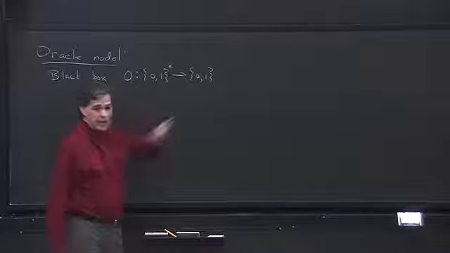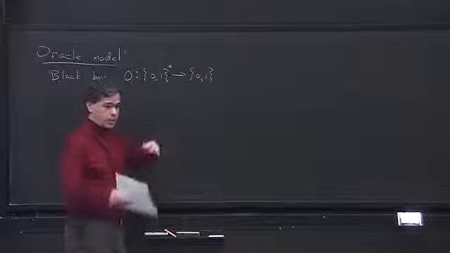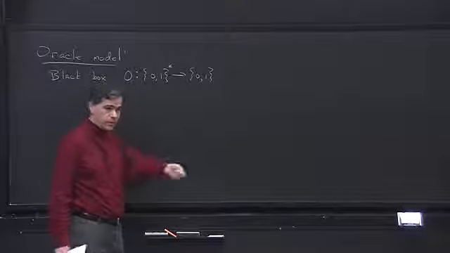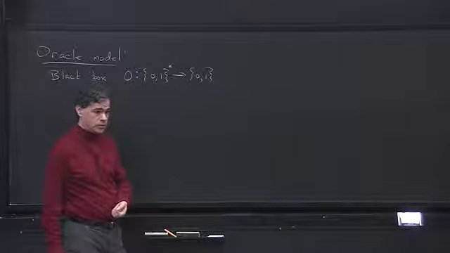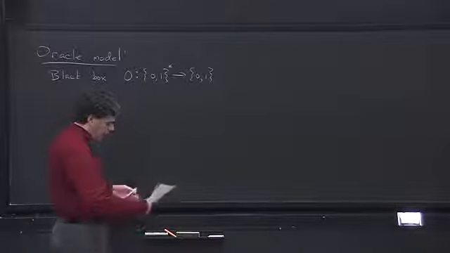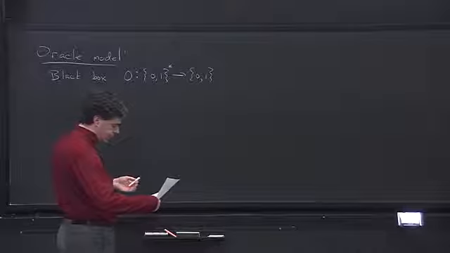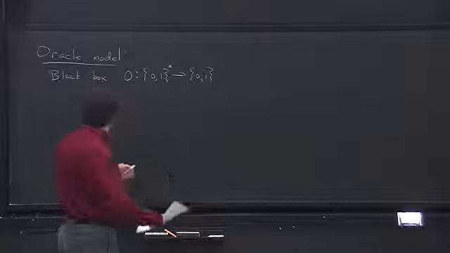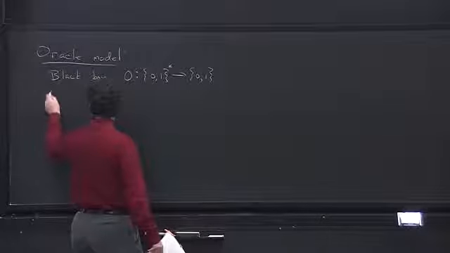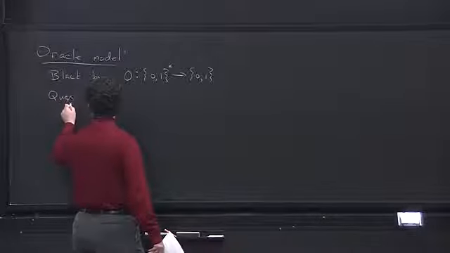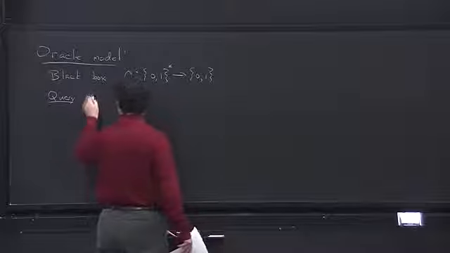We don't know anything about how O is computed. It's just some machine. We feed in a number to it, and out comes an answer, 0 or 1. Okay? And in the Oracle model, we make queries to the Oracle.